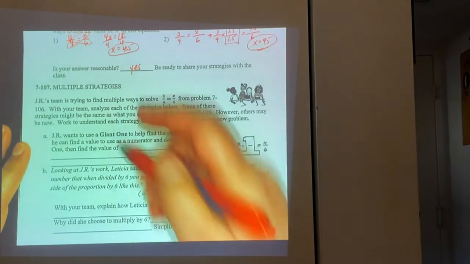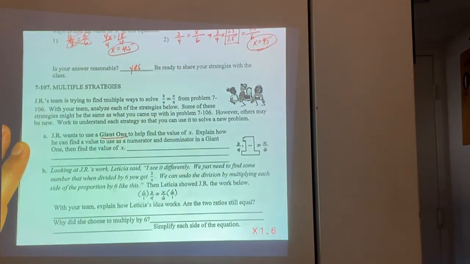So he wants to use the giant 1. Oh, we did that. Explain how he can find the value to use as the numerator and denominator of the giant 1.